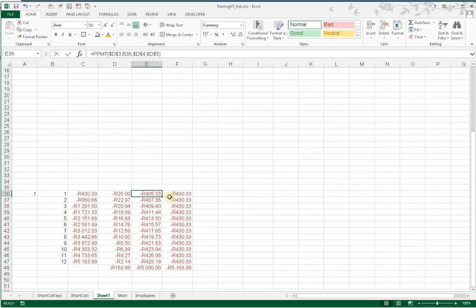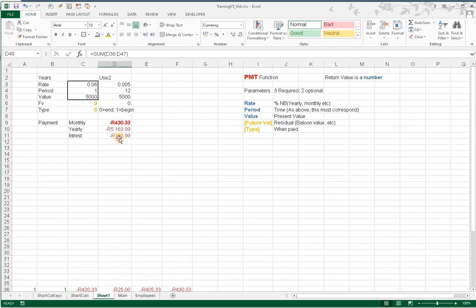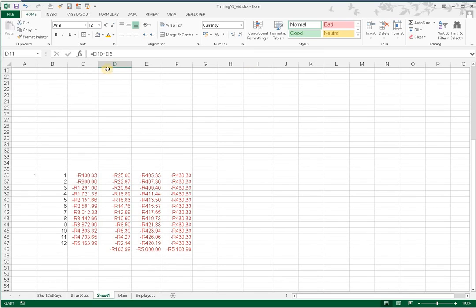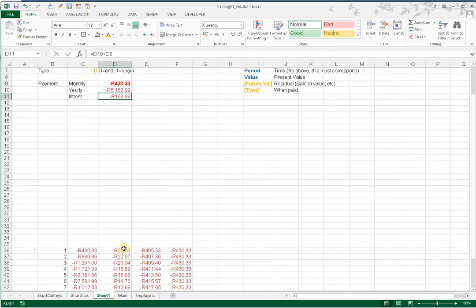So the actual amount of what I'm paying off is 405 Rand. The interest part of that is 25, and as you can see, the interest gets less and less, and in total I would have paid 163 Rand 99, which is the same as what I've done here. So there are different ways, either like this or like this.